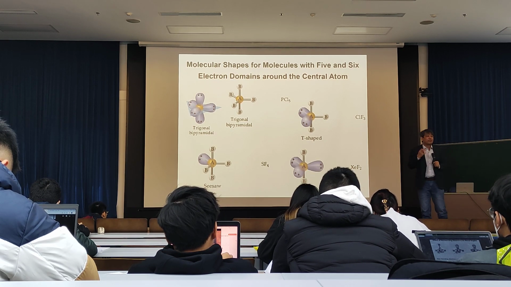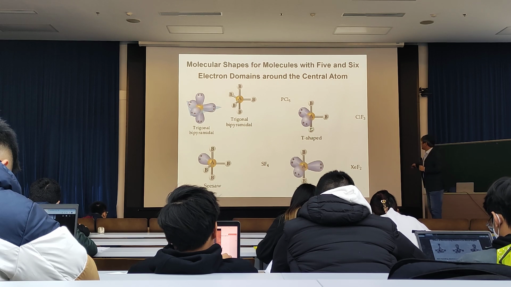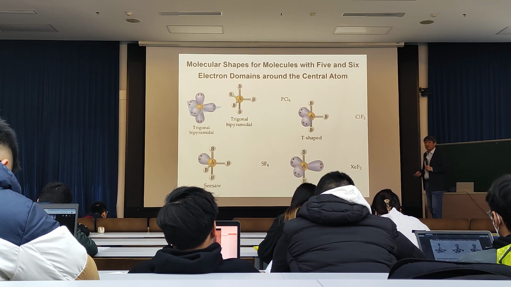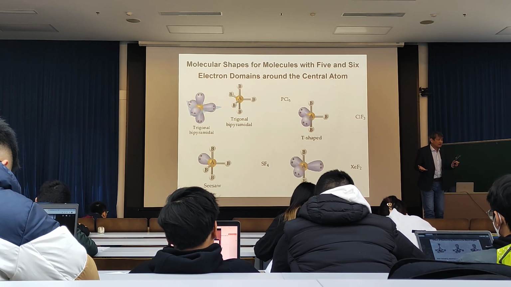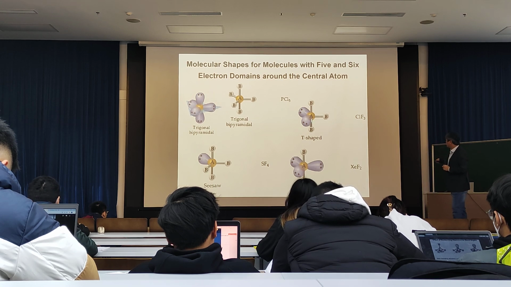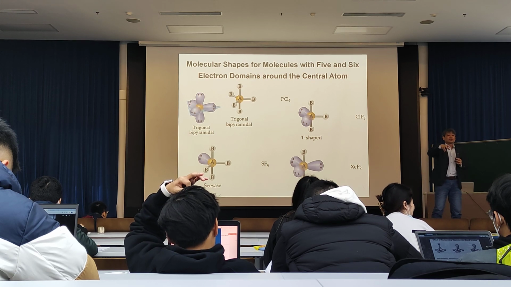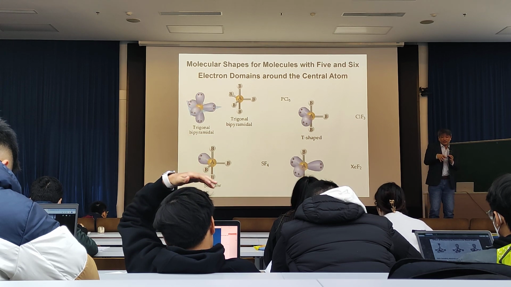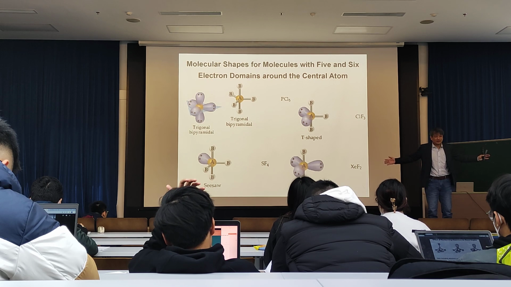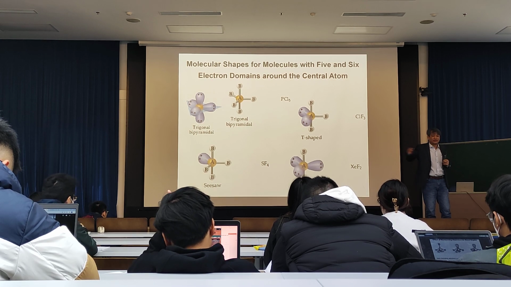Okay? So basically you will see that normally the T-shaped molecule is not very favored because the angle between A, B, and B will be only 90 degrees. And so the tendency is that they will expand the angle to bigger than 90 degrees.